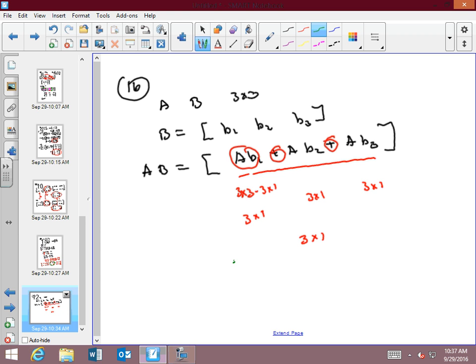See, this should be written this way: AB1, AB2, AB3. Then you got a 3 by 1, a 3 by 1, and a 3 by 1 put side by side, right? Understand? They've just written it.